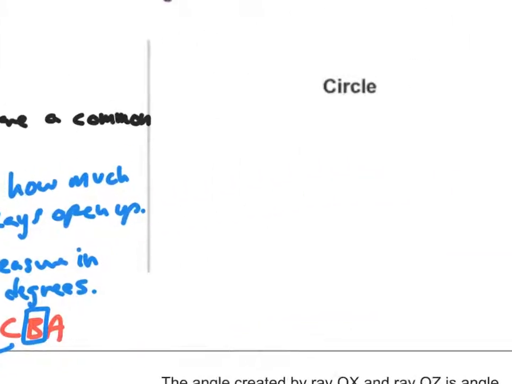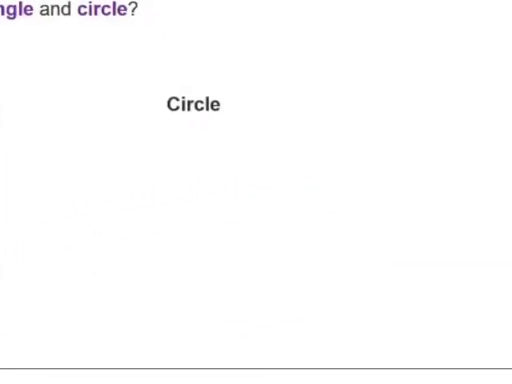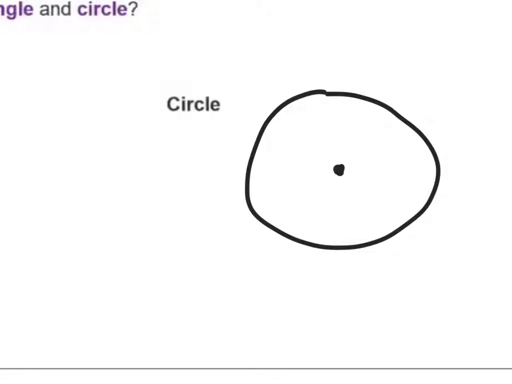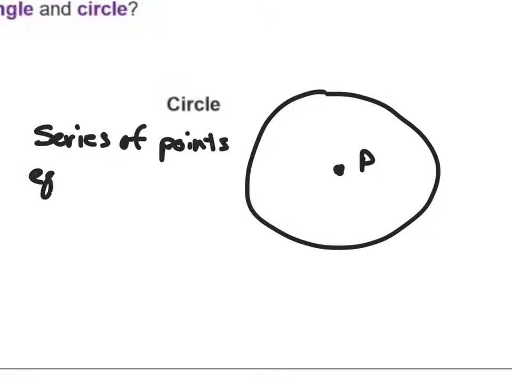Now a circle, let me draw a quick picture. Let me put a center. I'm going to call this point P. So a circle is a series of points equidistant to a center.